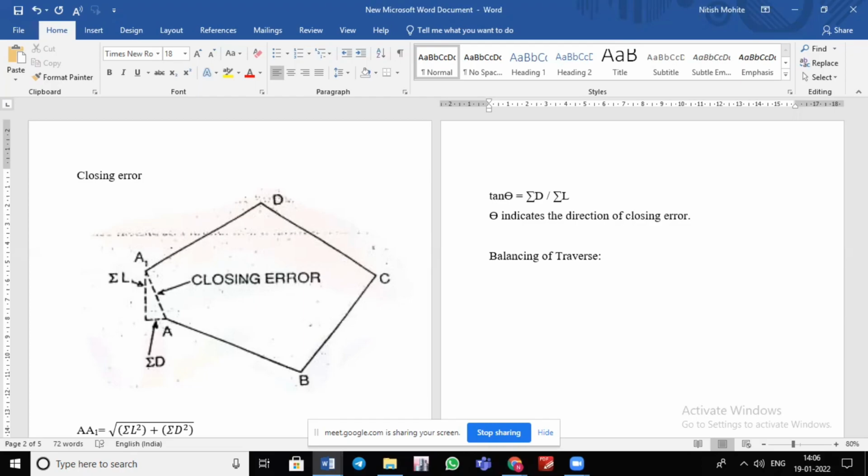That rule deals with our theodolite traversing calculation. So I'll write it down here: summation of northing should be equal to summation of southing, and summation of easting should be equal to summation of westing.